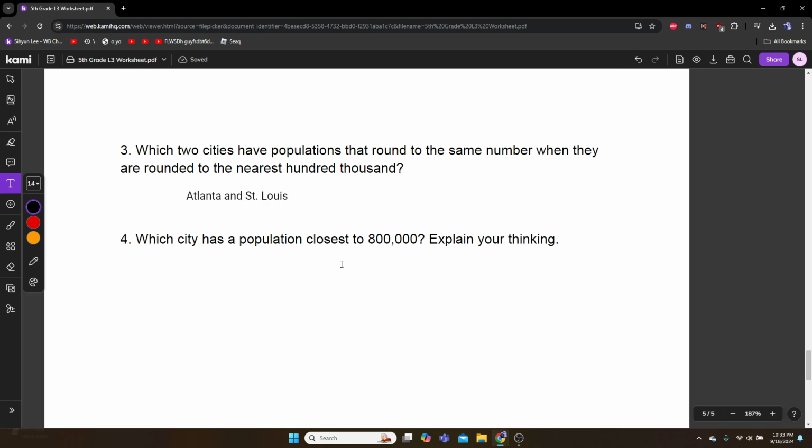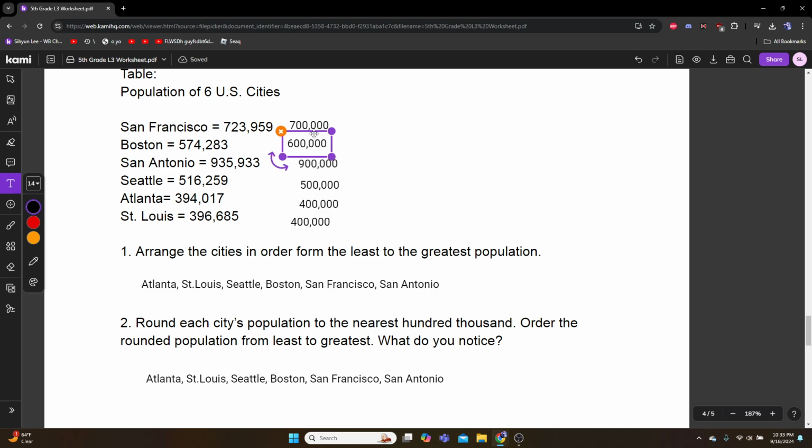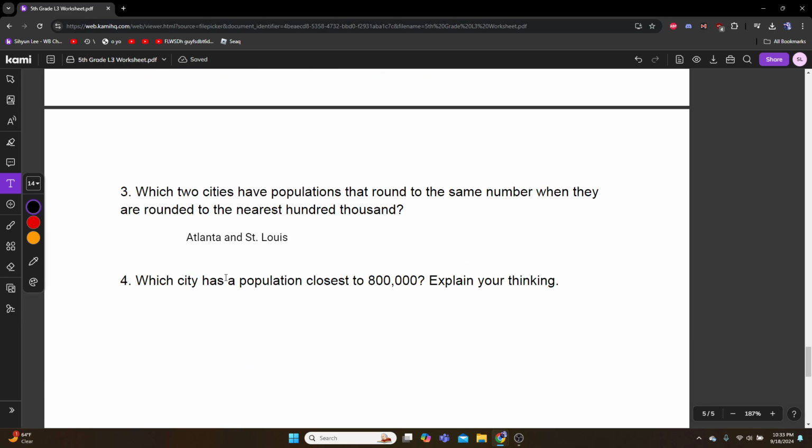Which city has a population closest to 800,000? The closest to 800,000. Okay, so San Francisco is 723,959, and San Antonio is 935,000. And we know that these two, 800,000 is between the 7 and 9. So if we want to see what's closer, we could try subtracting.